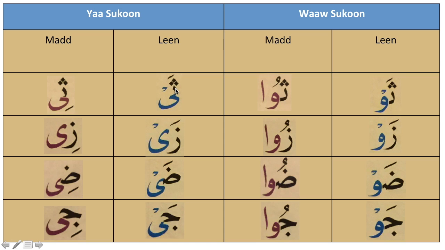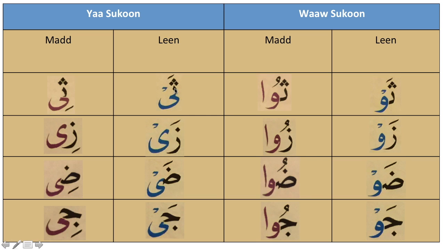This is thay. But next we have a tha kasra, and then a ya sukoon. Tha kasra, ya sukoon, thi. So this is tha and then an e.